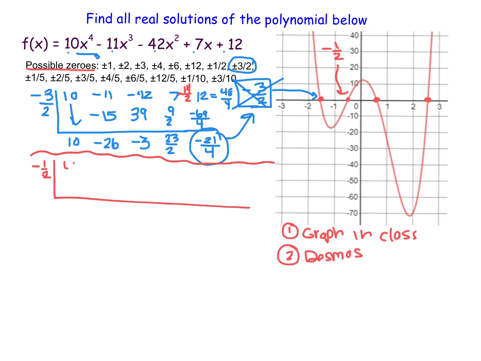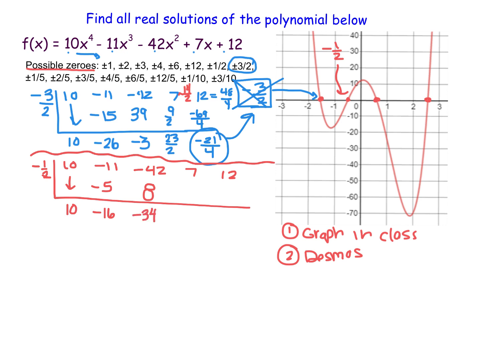So we have 10, -11, -42, 7, and 12. So if we utilize synthetic division, we drop the 10 down, multiply that by -1/2, that's -5, add straight down, that's -16, multiply -16 by -1/2, that is +8, add straight down, and that becomes a -34.